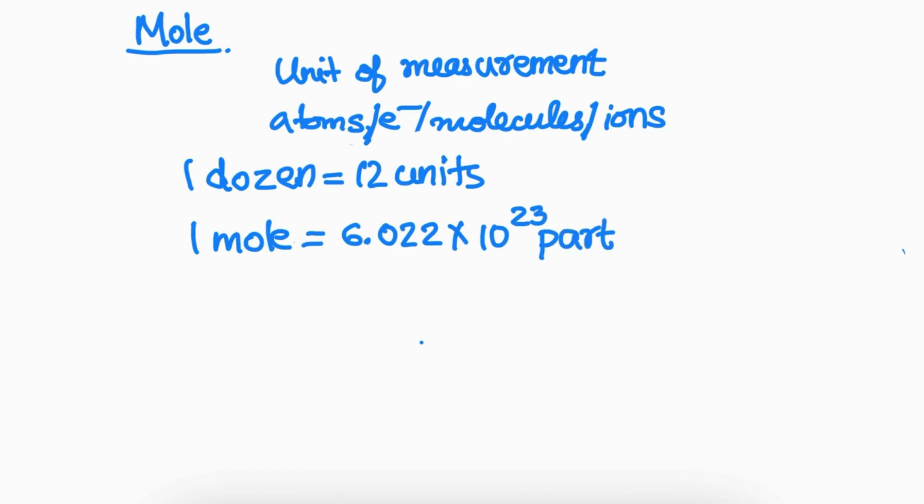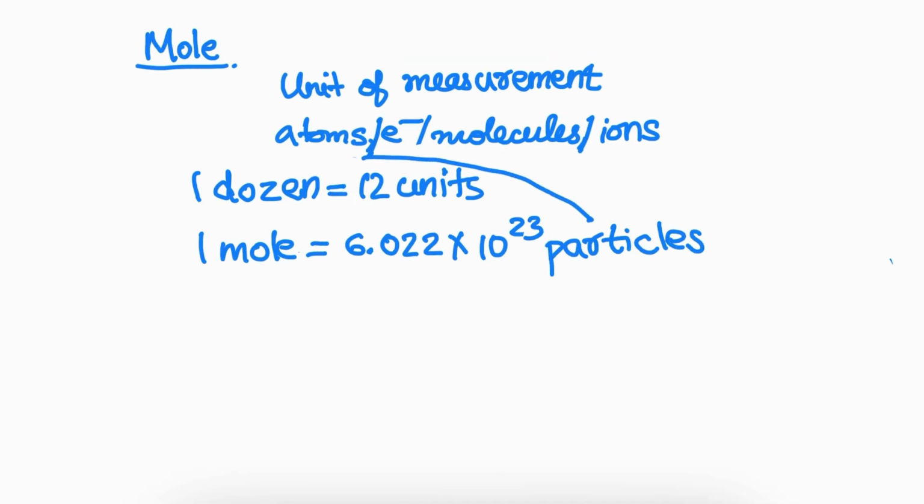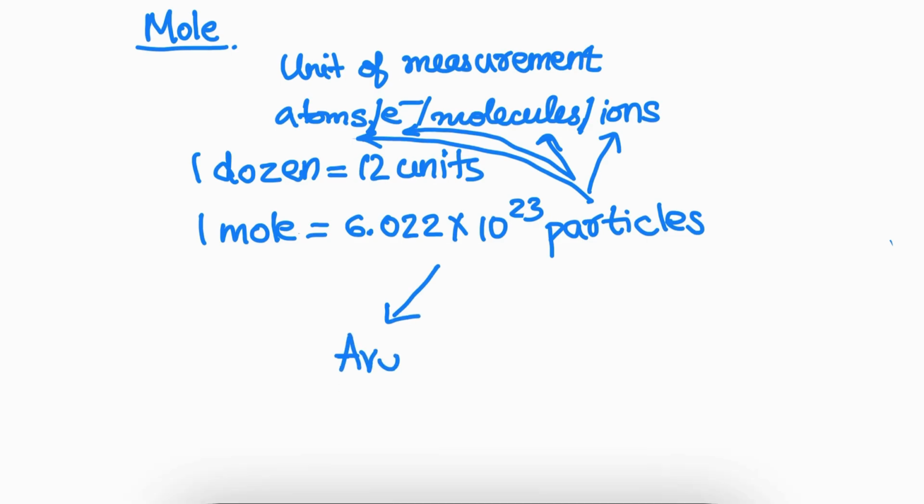Here in this case we can say particles, and these particles can be anything like atoms, electrons, molecules, or even ions. So when I say that I have 1 mole of atoms, it means I have 6.022 × 10^23 atoms. I hope that's clear.